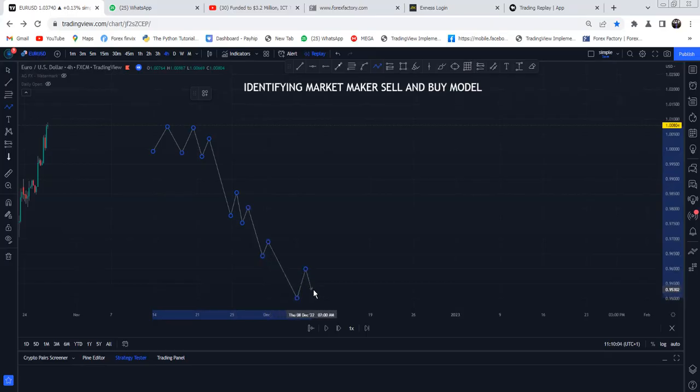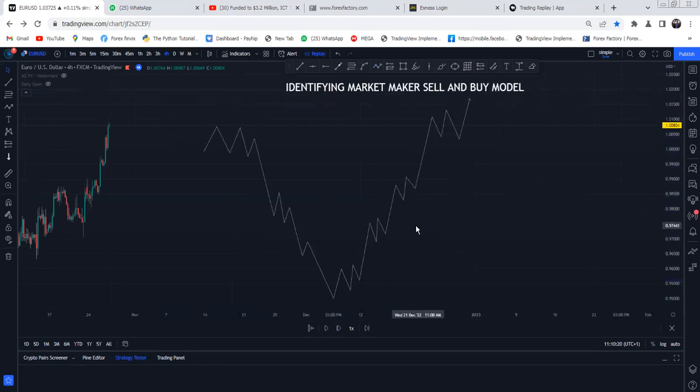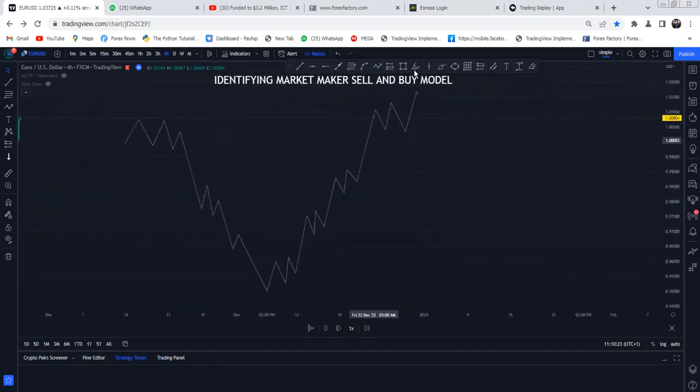Remember that it reaches a PD array, and then consolidates and starts bullishness, and then we have something here like this. All right, this is how the market maker's buy model looks like.